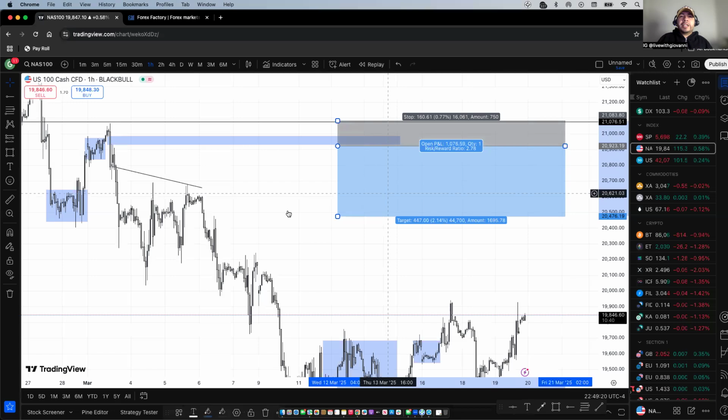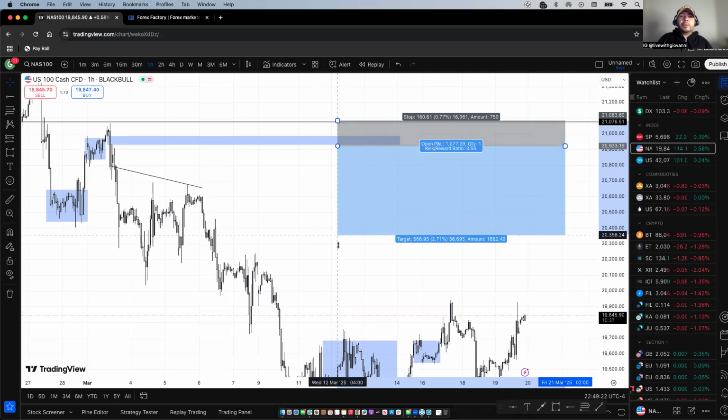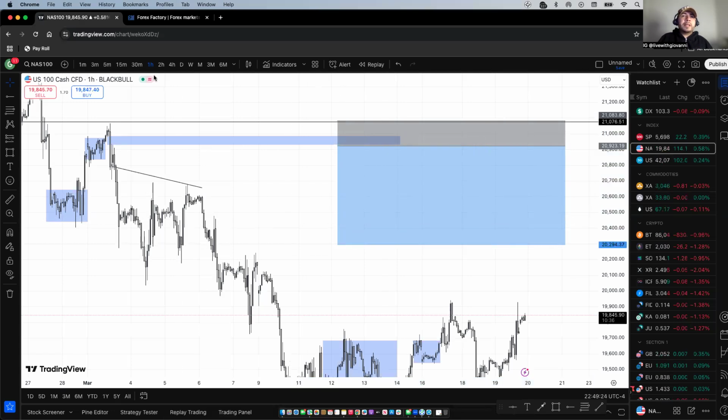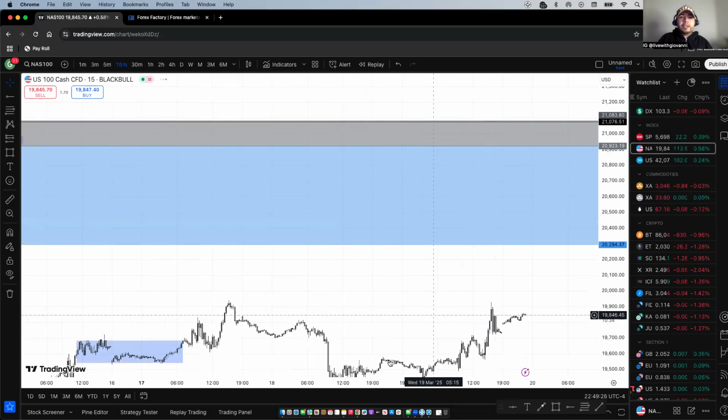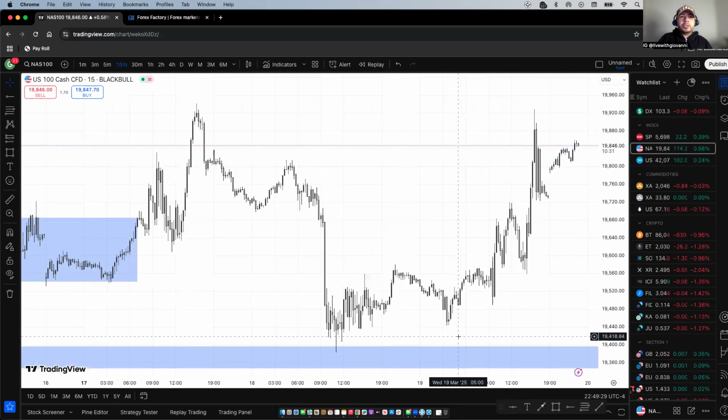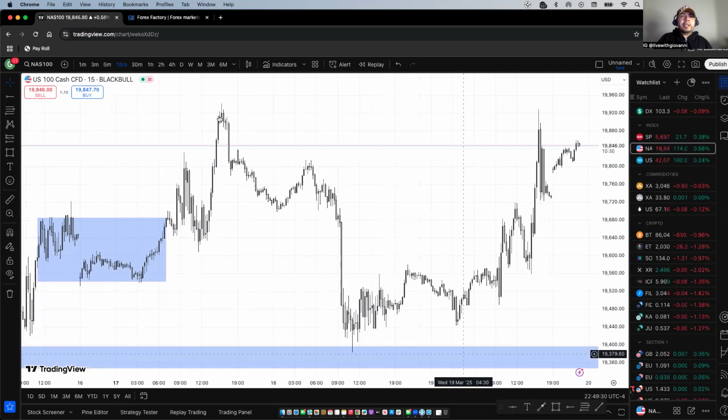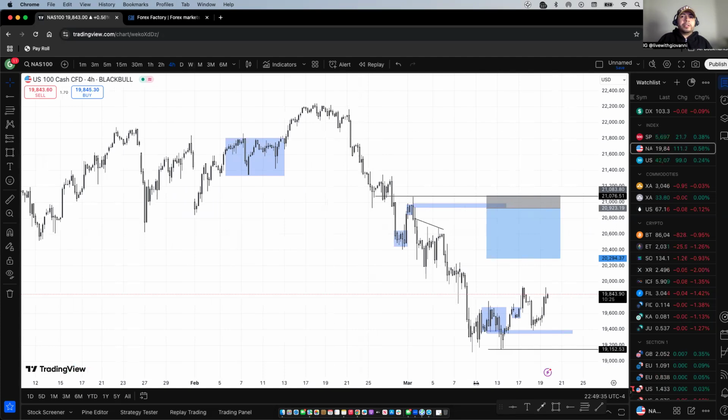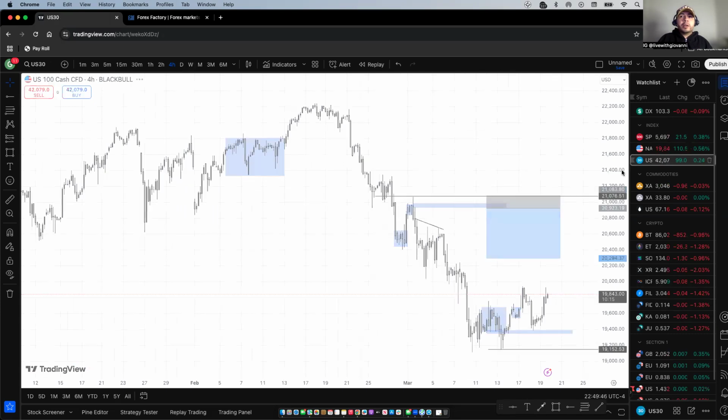Well, they can make you believe within the 15 minute time frame that the market is now bullish, when in reality, if we go to the 4 hour, the market is still bearish. So you want to be careful on what time frames you're trading on and how you're trading those time frames. That's very, very important.